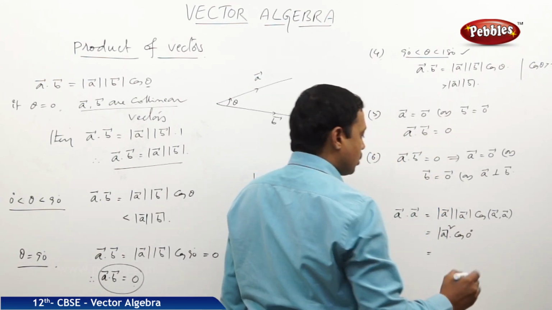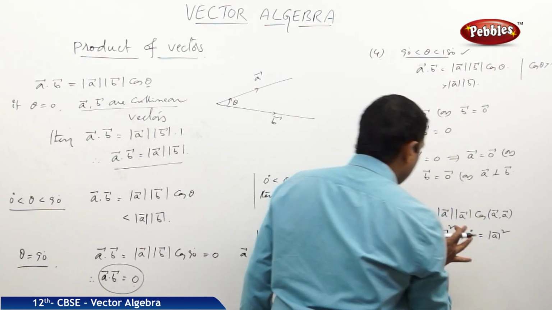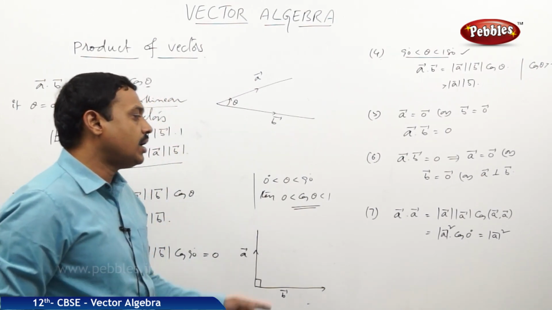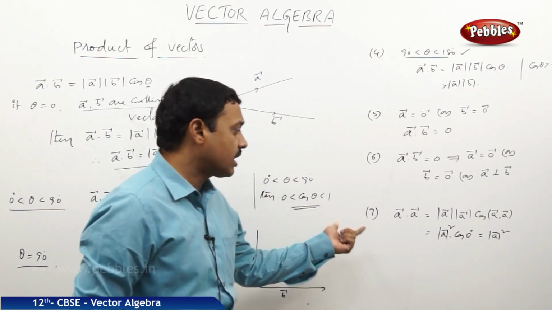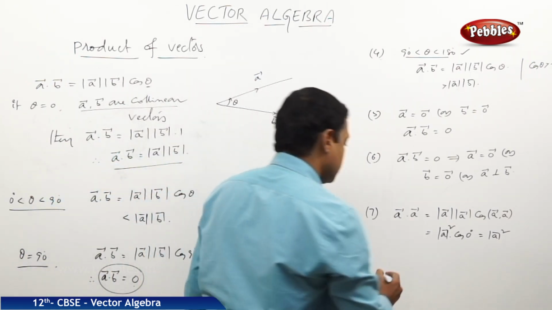So cos 0 is equal to 1. Hence, it is mod A square. Therefore, A dot A is equal to mod A square. B dot B is equal to mod B square. Similarly, if you take any vector like C dot C, then that is also equal to mod C square.